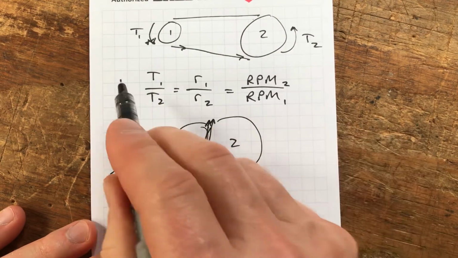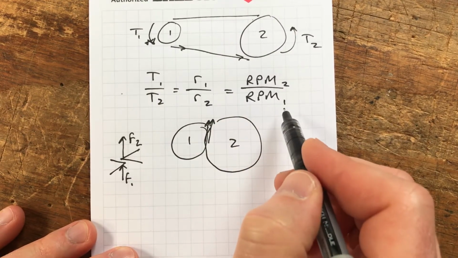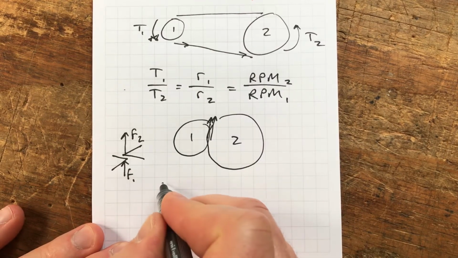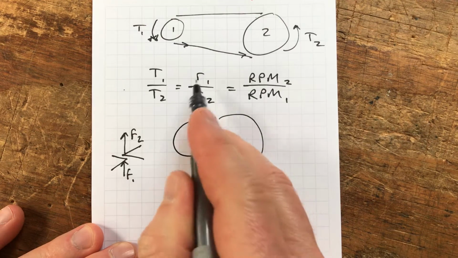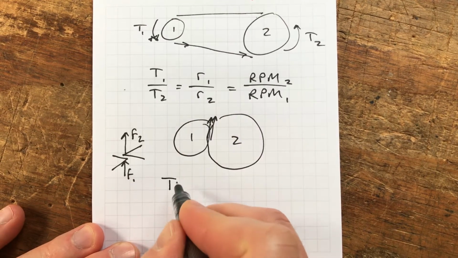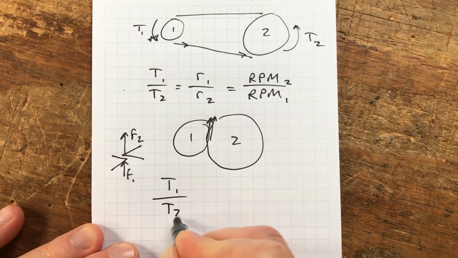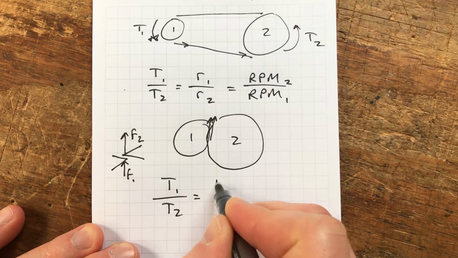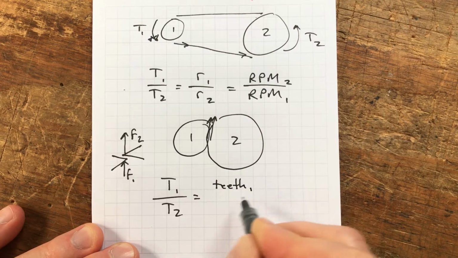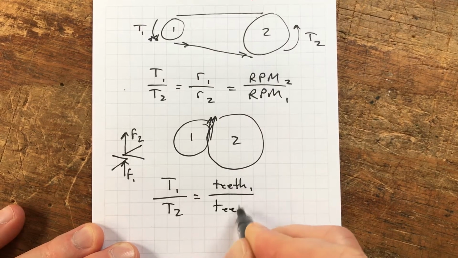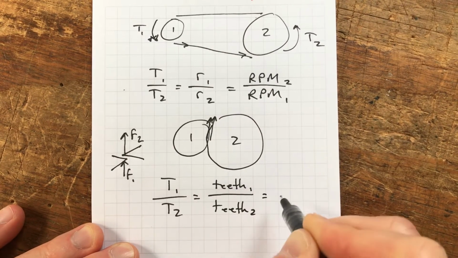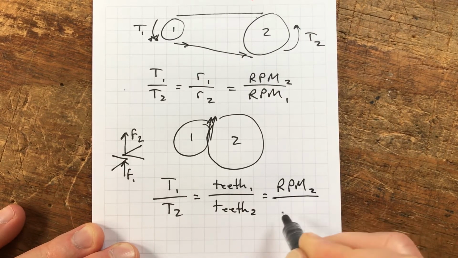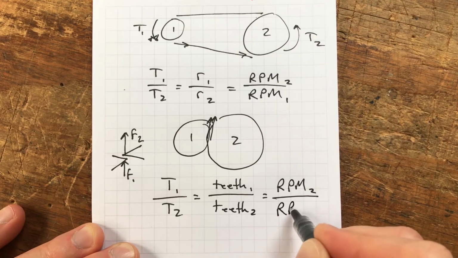The same equations we've used for pulleys are the same equations that we're going to use for gears, except that instead of radiuses, we're going to use the number of teeth. So we see that T1 over T2 is still equal to the number of teeth on gear 1 to the number of teeth in gear 2, and is still inversely proportional to the speed of the two.